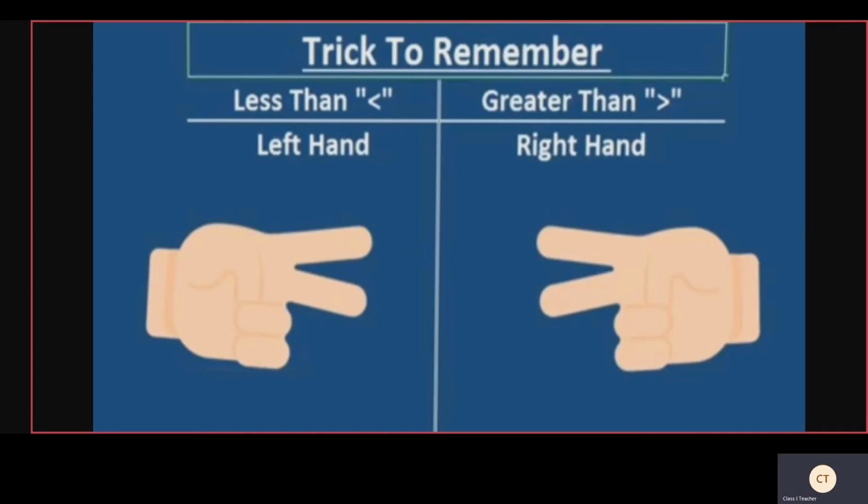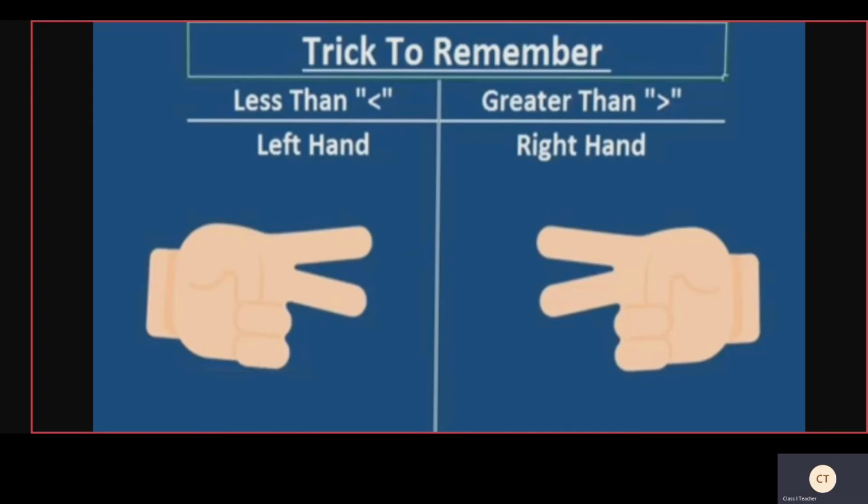Children, look here. Just consider less than means your left hand and greater than is your right hand. Show your fingers like this, children. Less than sign, left hand.